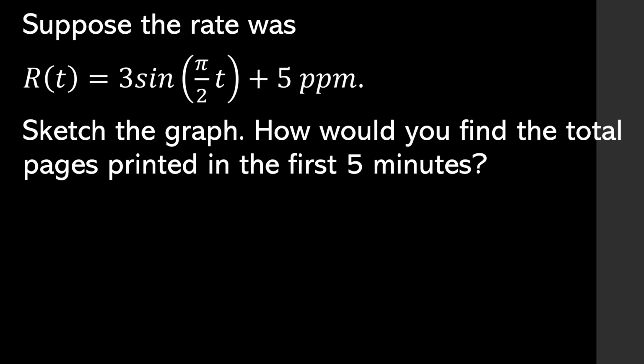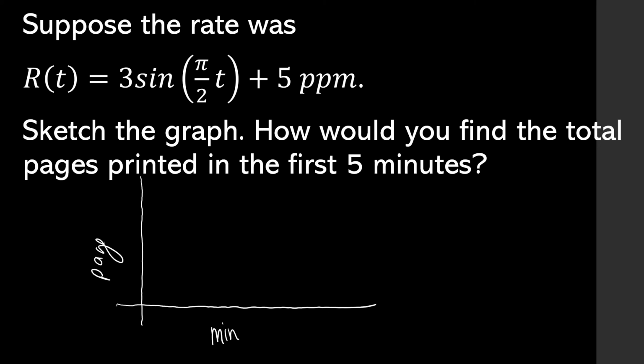What if we had this rate? 3 sine of pi halves t plus 5 pages per minute. Well, again, I think the most important thing is labeling these axes. That's going to tell us what sort of math to do. So the horizontal axis is measured in minutes, then pages per minute up here.